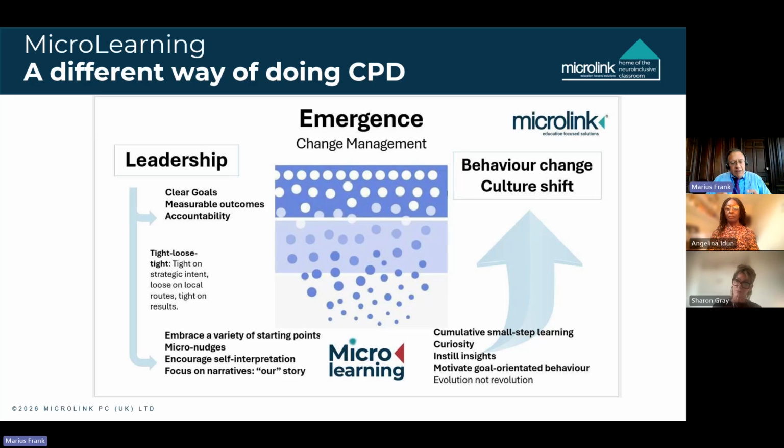And we call this micro learning steps, small step learning. What these small steps will do is produce a cumulative learning through curiosity, through instilling insights, through motivating goal-oriented behavior, producing that behavior change and culture shift that I think will make the biggest difference, rather than policy and practice.